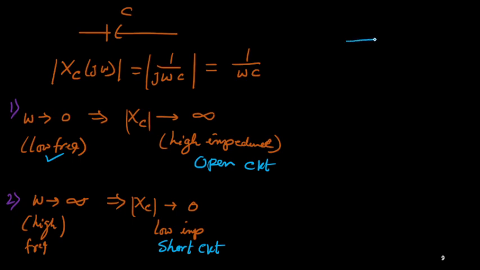So we can consider inductor, inductance L. For low frequency, you will consider just the opposite, because the mod of XL is simply omega into L. So if omega equal to 0, it will be 0. That's how its impedance is 0.